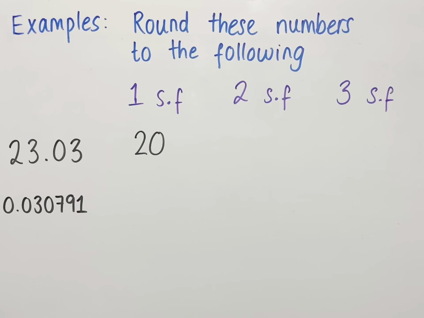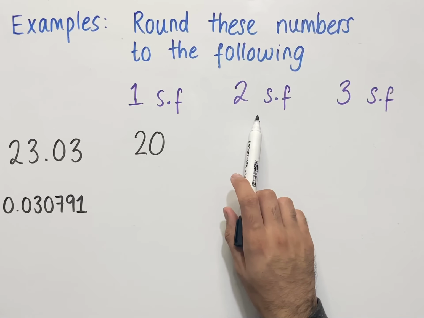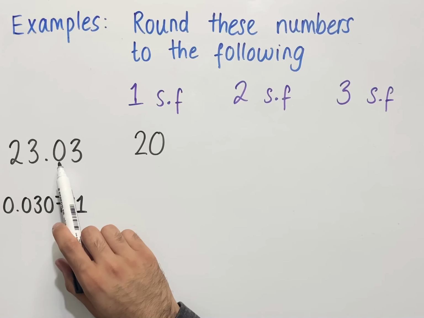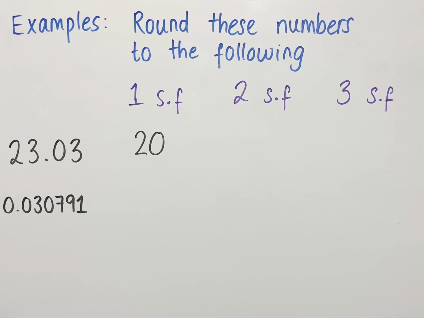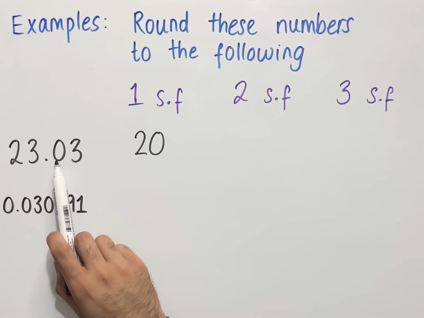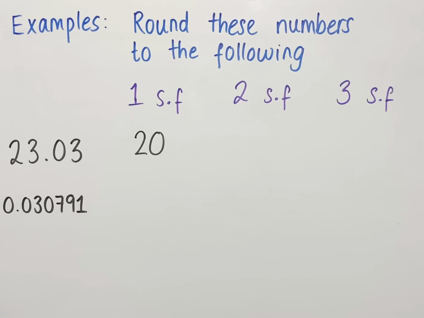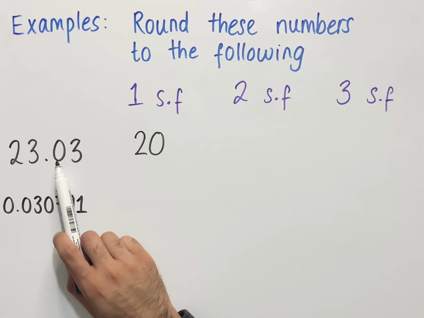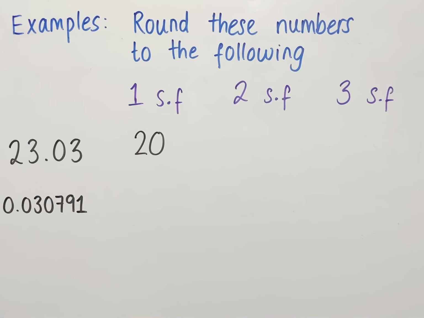If we look at how to round this to two significant figures, then we need to look at the third significant figure, which is the 0. Remember, any zeros between two non-zero digits are always significant. So we've got a 0 between these two non-zero digits, and so this is significant. And so what we do next is we check whether this number is 5 or more or less than 5. 0 is less than 5, and so therefore we round down.